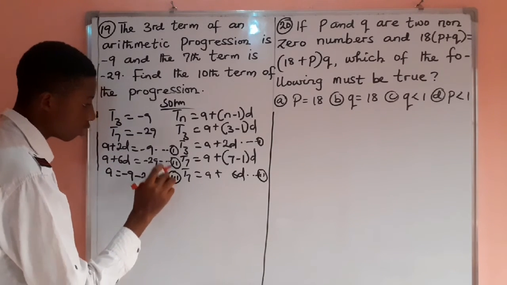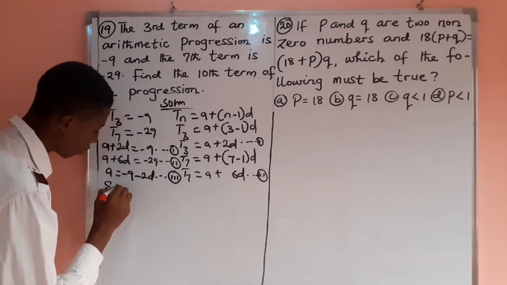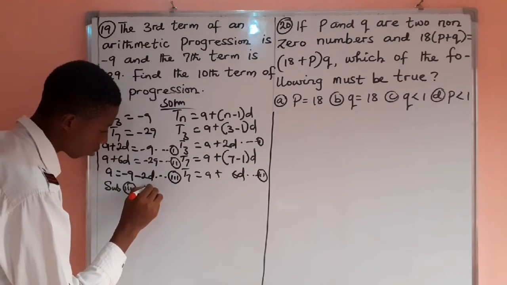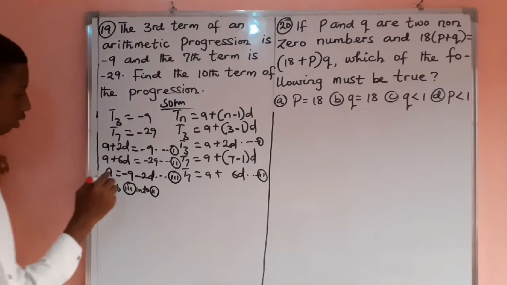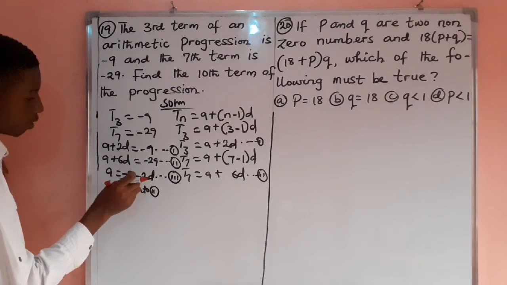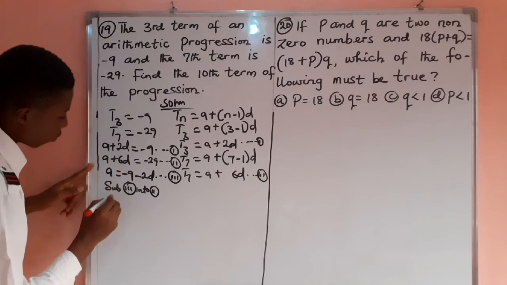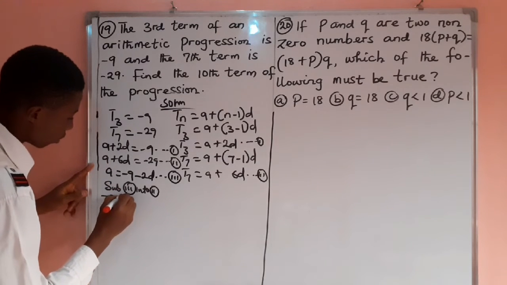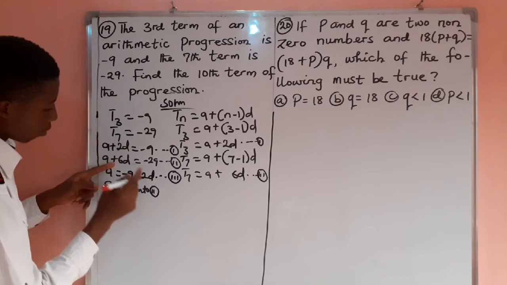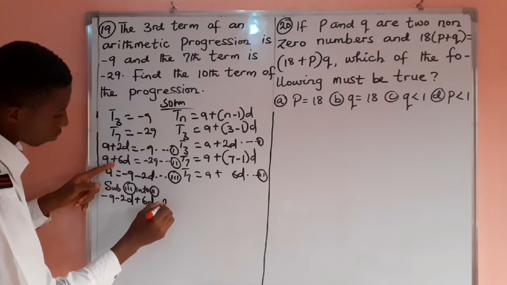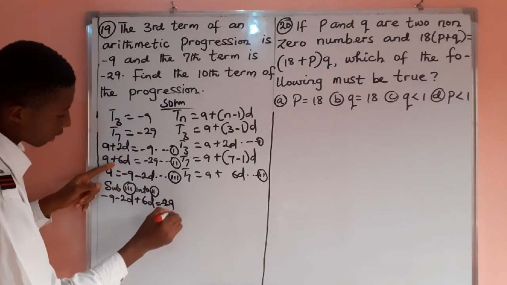Substituting equation 3 into equation 2, we'll be having, anywhere you see a, you replace it with minus 9 minus 2d. So here is where we are seeing a now. We'll be having minus 9 minus 2d plus the 6d is equals to minus 29.